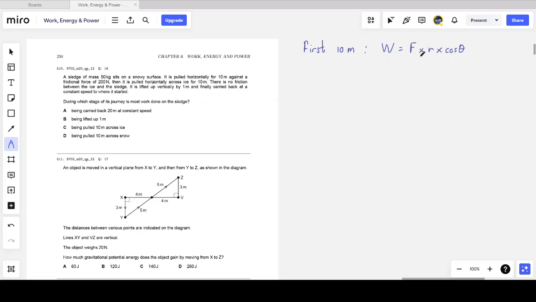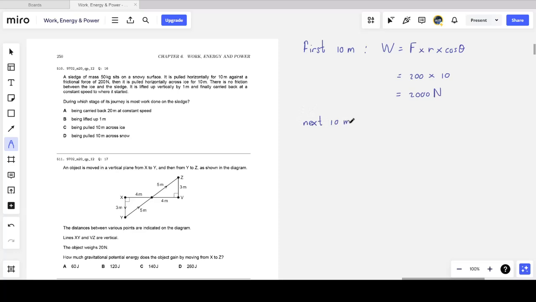So the work done is the work done against friction to pull the sledge. And so the force is 200 newtons and the distance is in the direction of motion. So cosine theta is 1. So it's 200 times 10, which is 2000 joules. And so now I need to compare all of the other motions with the 2000 that I have.